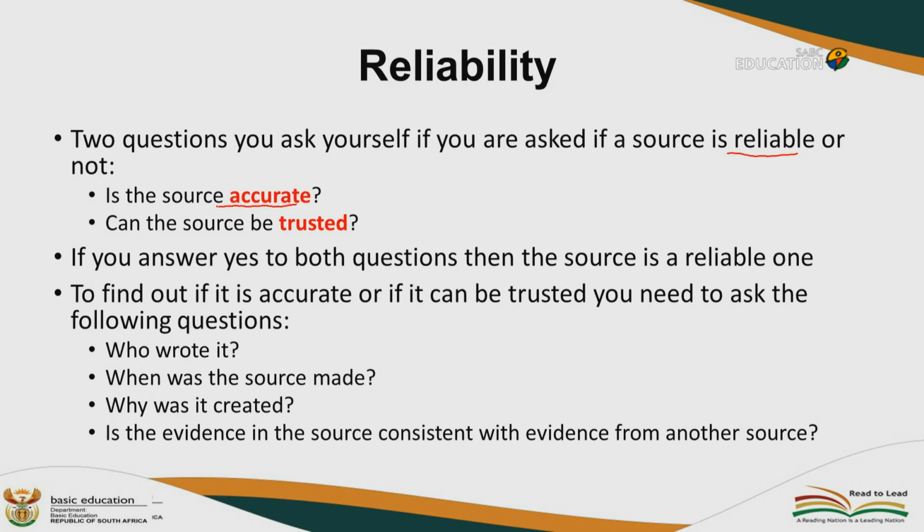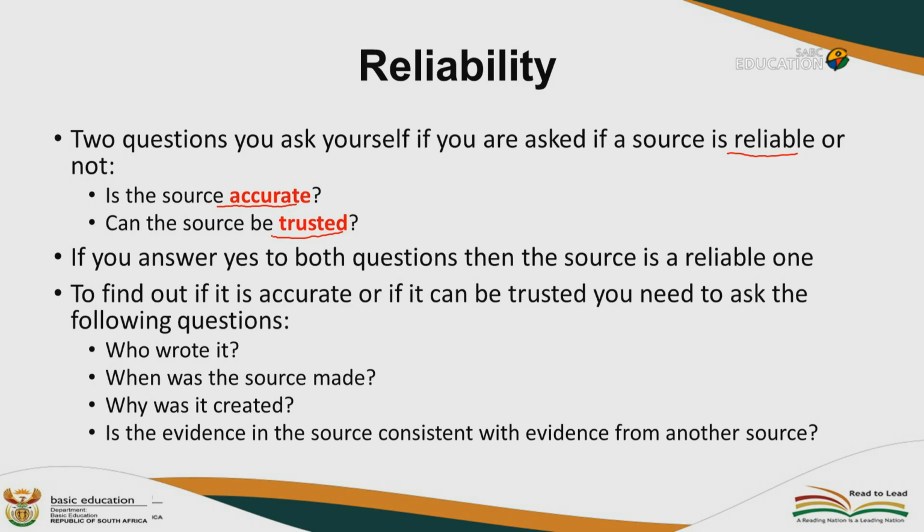Is it exactly what transpired or exactly what happened? If a source is reliable, can the source be trusted? Can I trust that the source is about this event? If your answer to this is yes, then we can say the source is reliable because it covers this portion, because it relates to the impact of Black consciousness, for example.